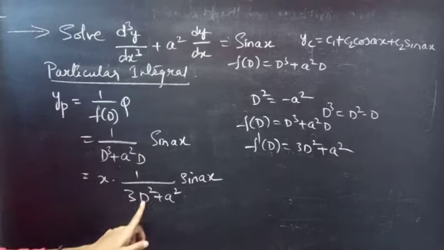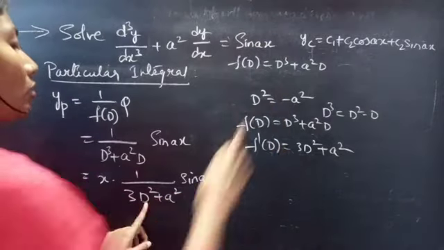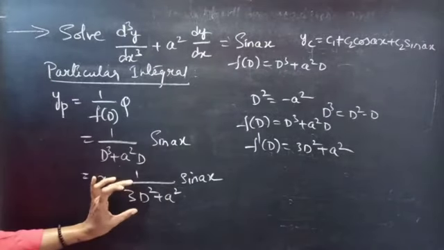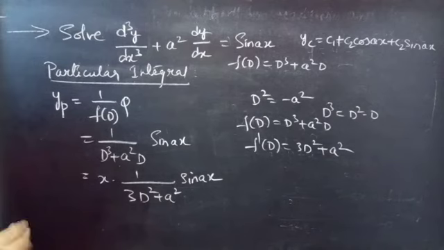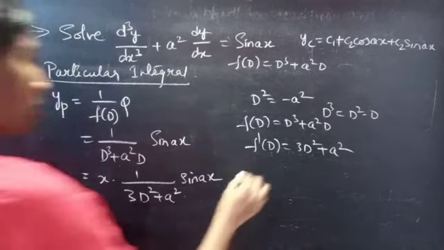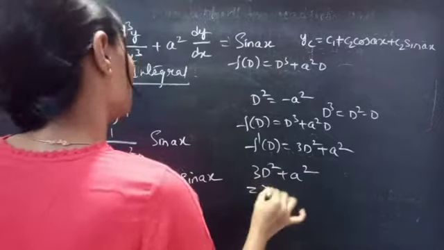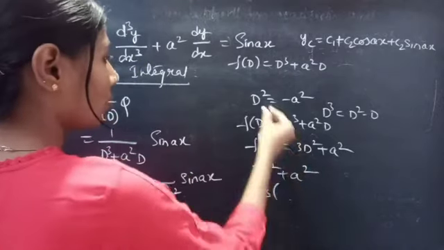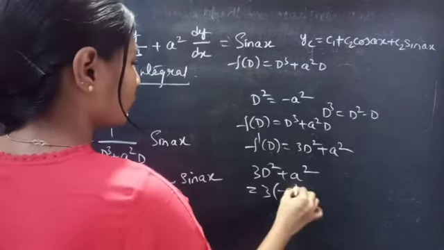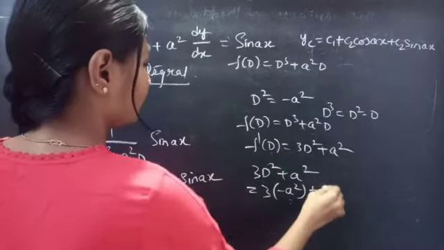Again here d square appears in the denominator, right? Now we'll check by replacing d square by minus a square. We should get the denominator not equal to 0. Just keep that in mind.